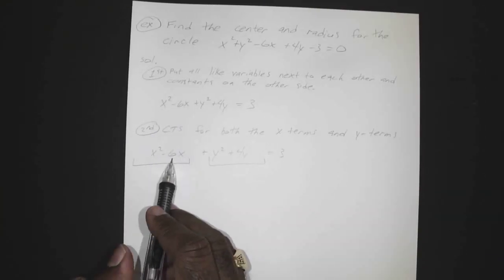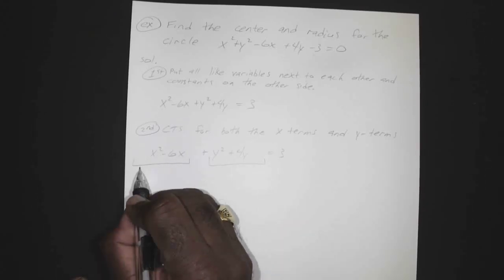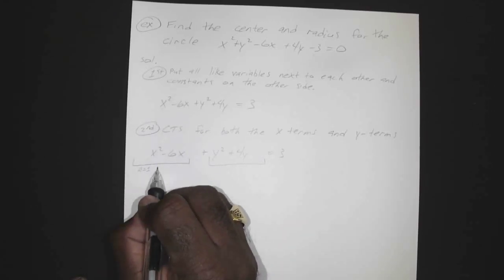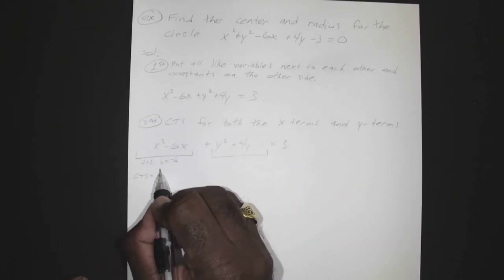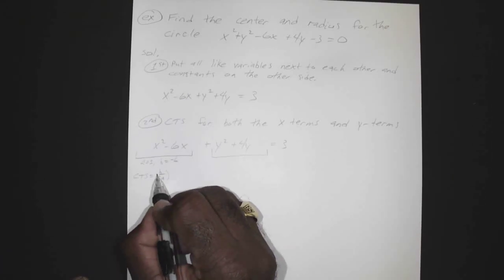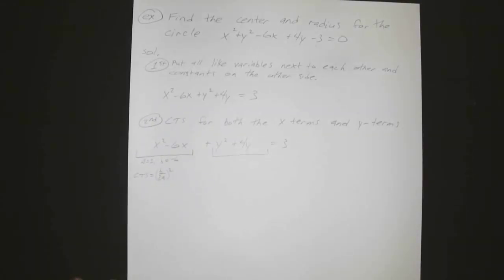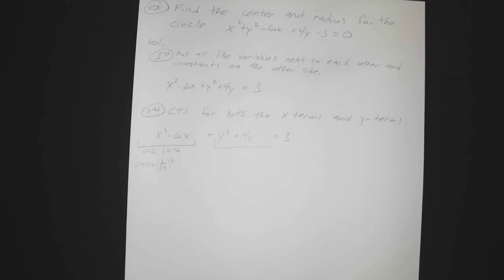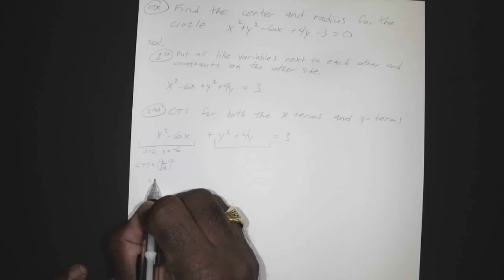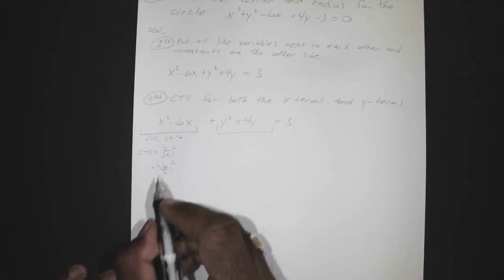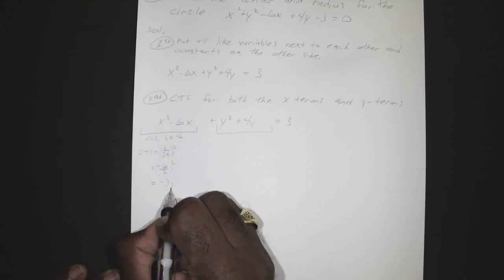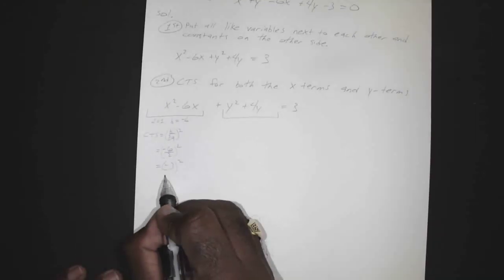You know a is equal to 1, b is equal to negative 6. Our completing the square is (b divided by 2a) squared, which is (negative 6 divided by 2) squared, which is (negative 3) squared.